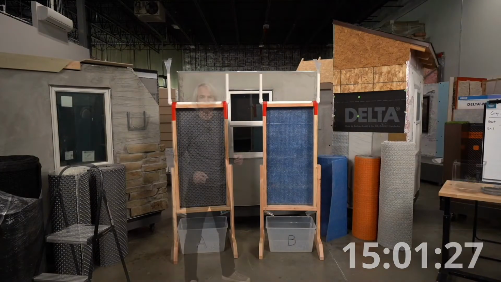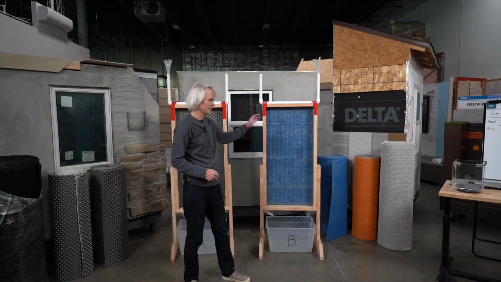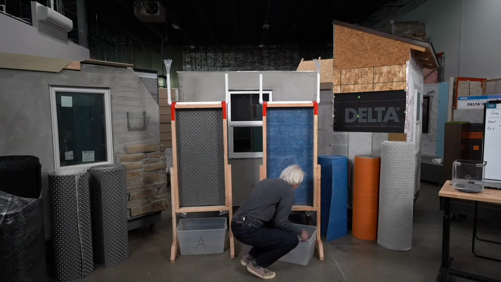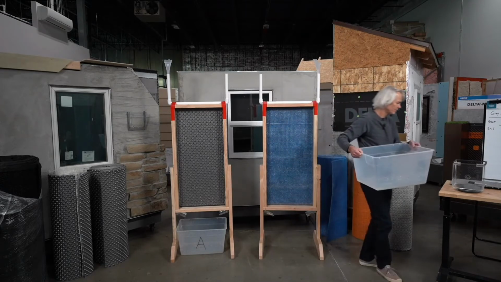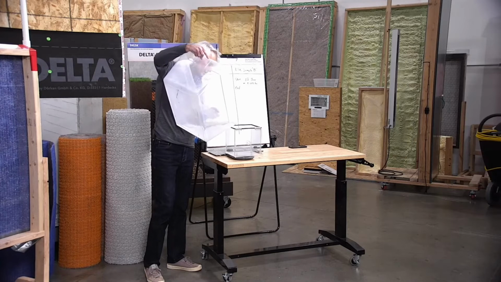All right, our 15 minutes have passed, and it's time to weigh our samples. So we're going to start again with the blue, which is sample B, and figure out what we've got in this bucket. We started with 8 pounds, 3 ounces, basically 1 gallon, and we're just going to dump this water right into our scale.